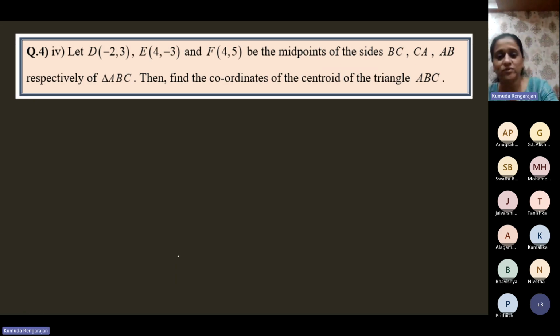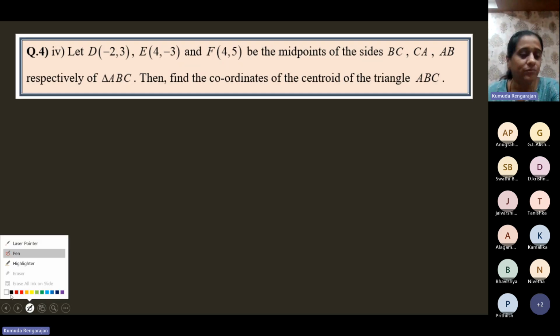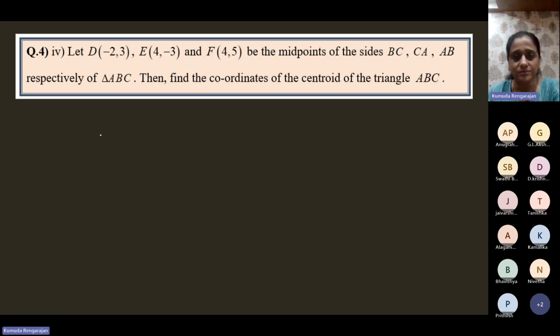I have to work this. Okay, so these are the midpoints of the sides. A, B, C. D is the midpoint of BC, (-2, 3).